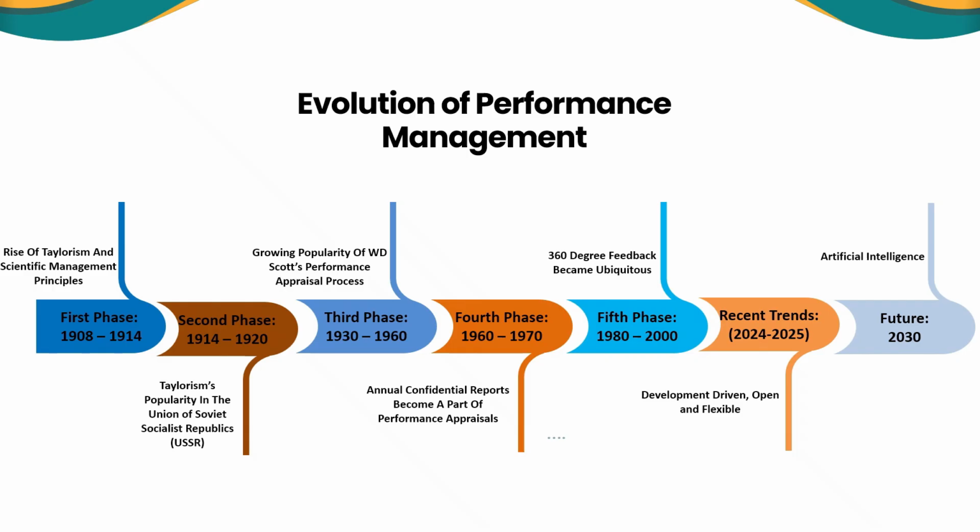Next is the future, or the year 2030. Artificial intelligence will play a central role in transforming performance management systems. AI tools will analyze real-time data, predict future performance, personalize development, and enhance objectivity.